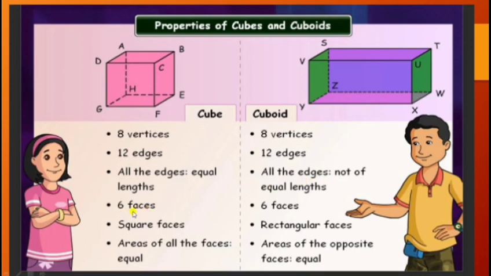Here we are having 6 faces. The cuboid and cube are made up of various faces, and both have 6 faces. Let us count. This is the front face. Opposite of that is the back, second; right side third; left side fourth; top 5; bottom 6.